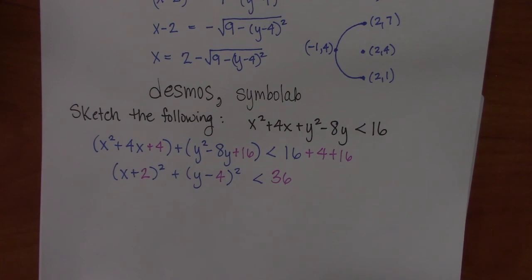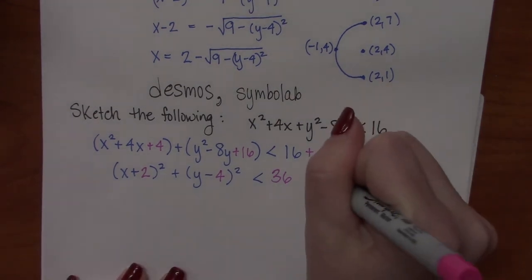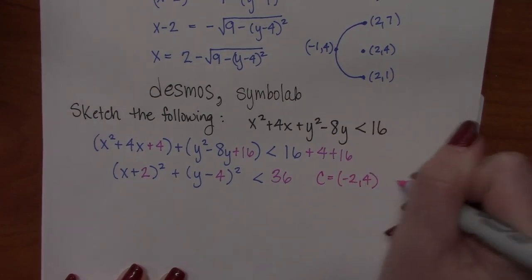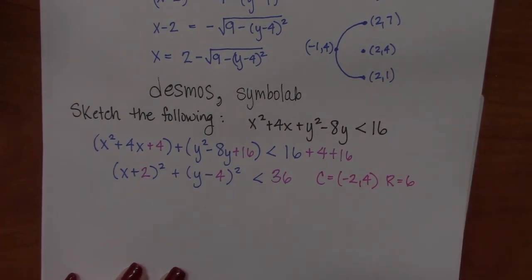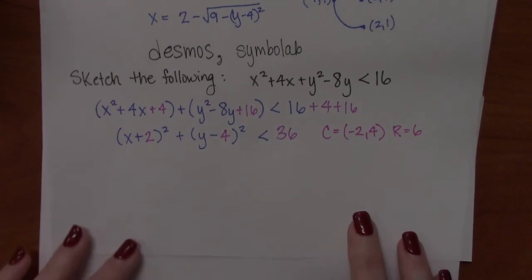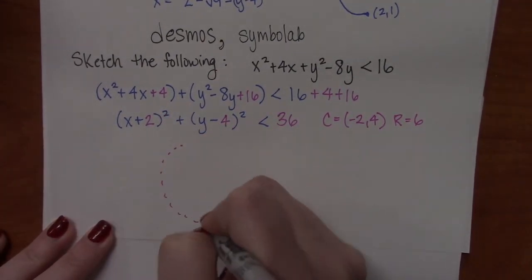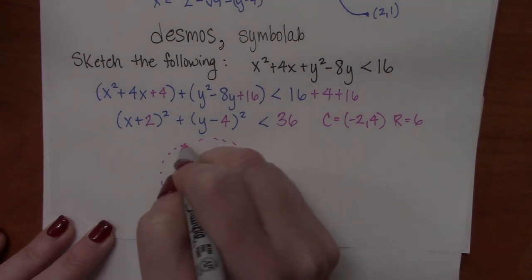So really it's everything inside the circle, but not on the outside. So this is a circle centered at -2, 4 with a radius of 6, but I only want the points inside. So if I draw a dotted line here.